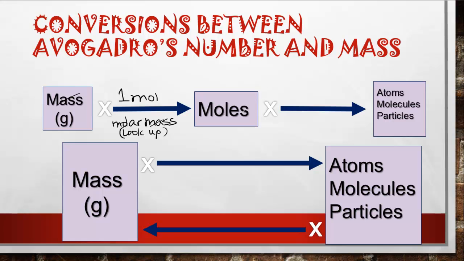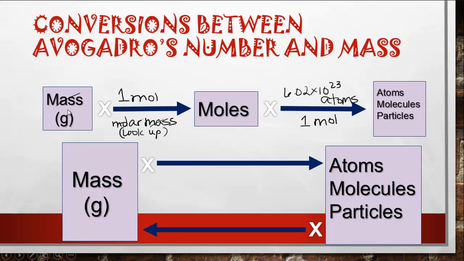Well, now if I'm in moles, this becomes my from. This becomes my to. So now since I'm here, this is going to go on bottom, and atoms is going to go on top. Moles is always 1. This is always 6.02 times 10 to the 23rd. So those are the two that we've looked at.